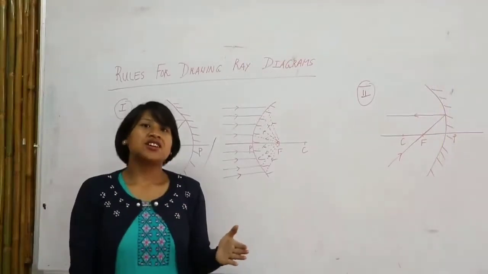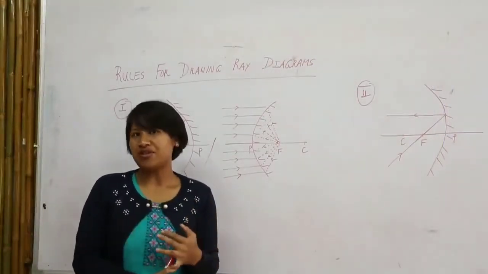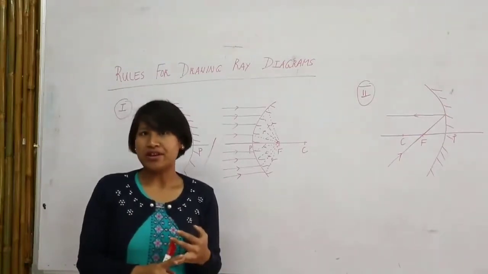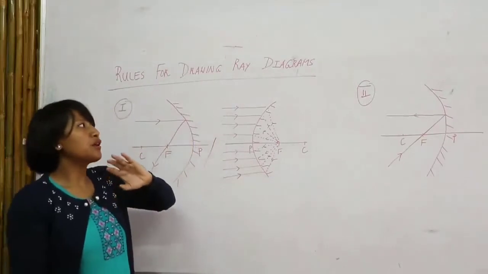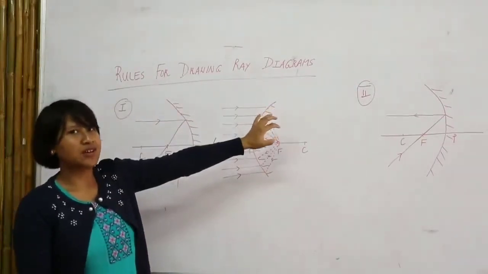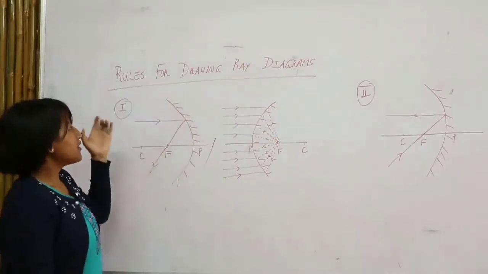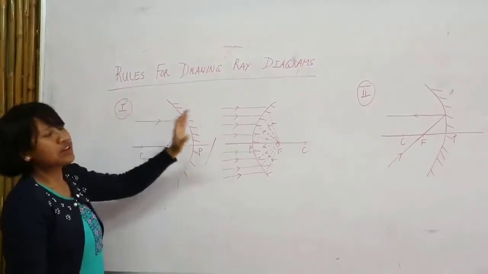Now we will be studying in detail the image formed by a concave mirror and a convex mirror. We'll be able to do that with the help of ray diagrams, but there are certain rules to draw ray diagrams.